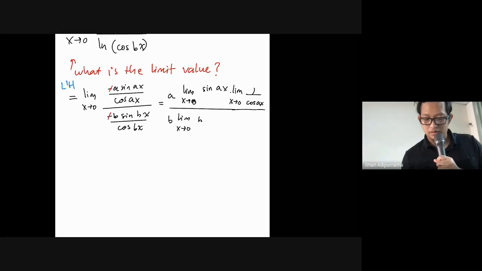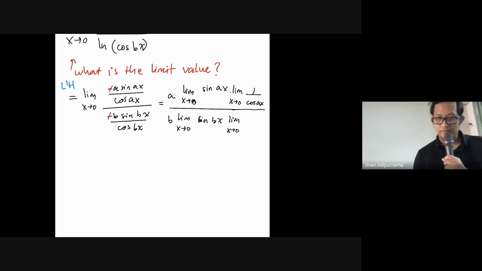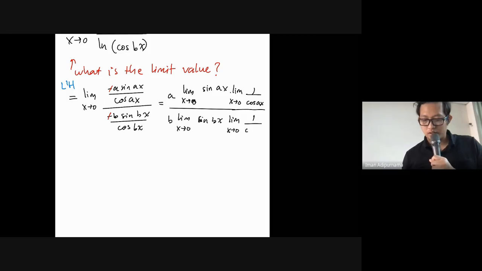This also sine bx over bx and limit x, and this is 1 over cos bx.